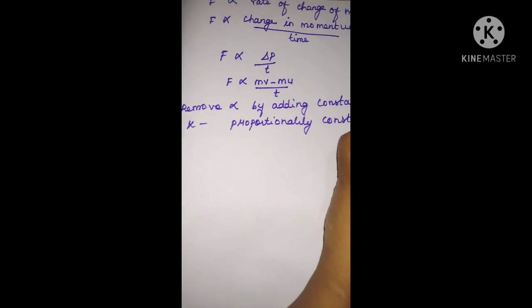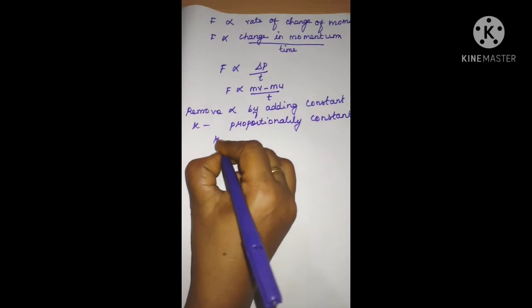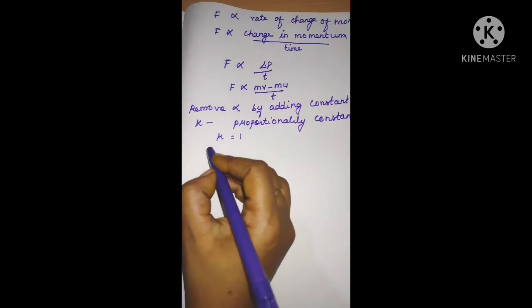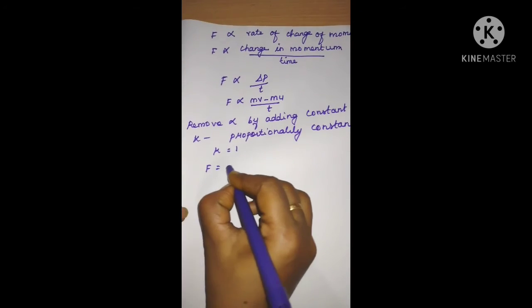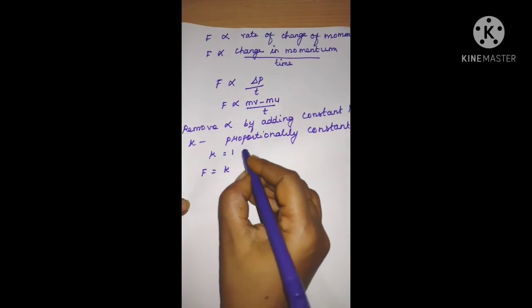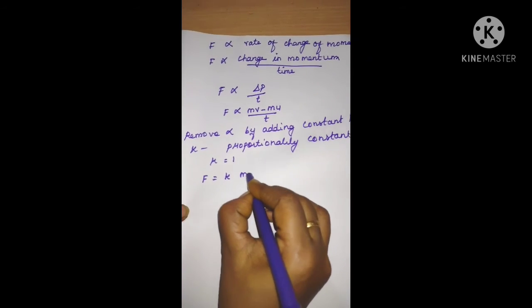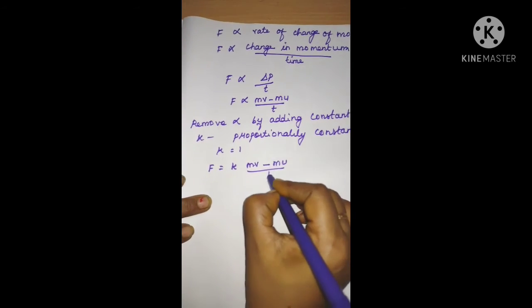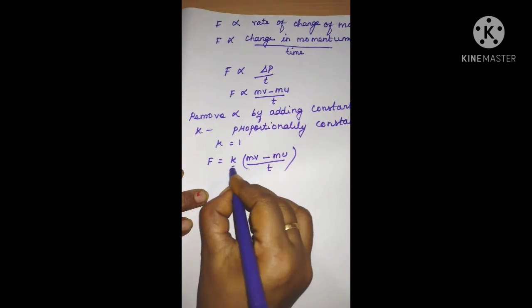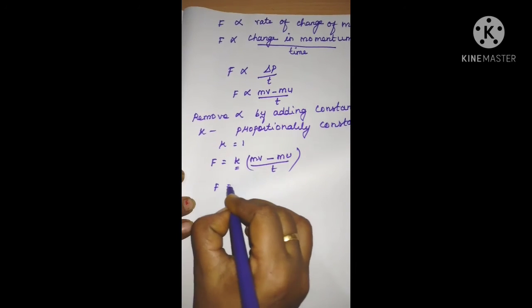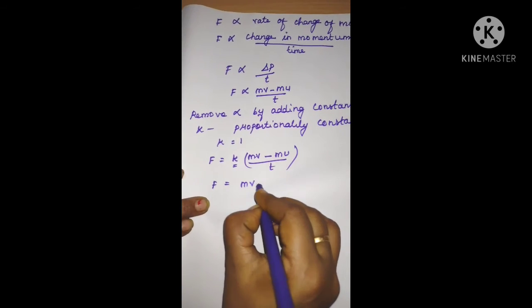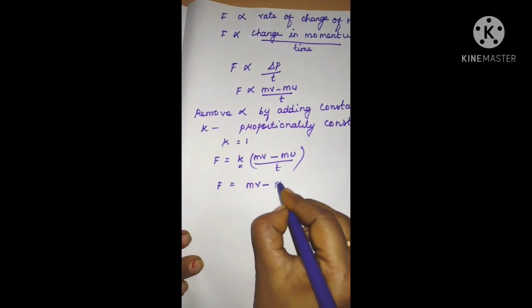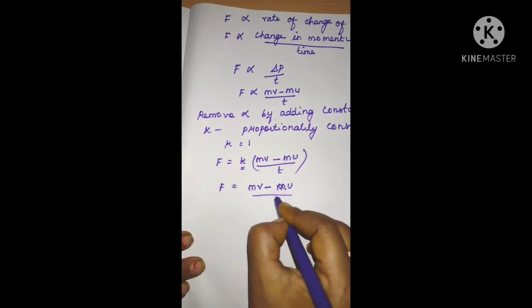The value of k is 1. So F is equal to k into mv minus mu by t. Okay, the value of k is 1. So F is equal to mv minus mu by t.